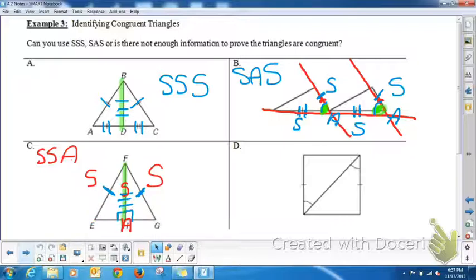And on this triangle, GHF, we have angle, side, side. That's a swear. You can't have that. There's no swearing in geometry. You can only have side, side, side, or side, angle, side. If we knew that this angle was congruent to this angle, so that would be the included angle, then we could prove it. But in this case, we don't have enough information. So we can't prove these two triangles are congruent. So not enough info here to prove that these two triangles are congruent.